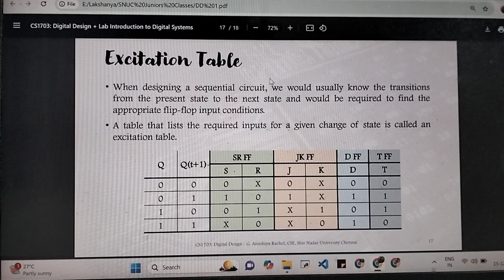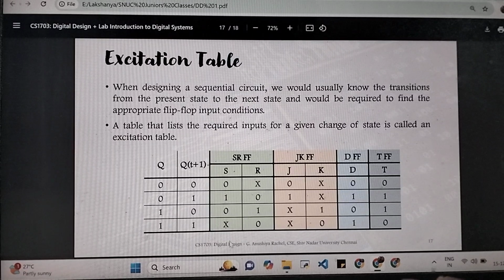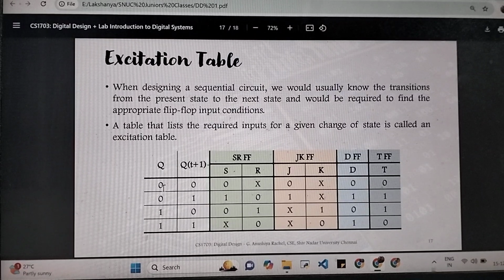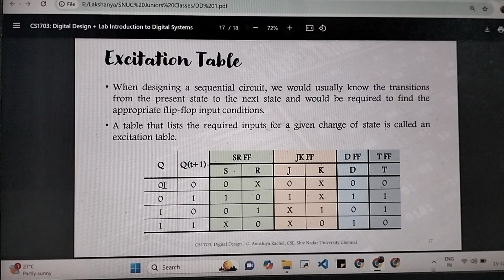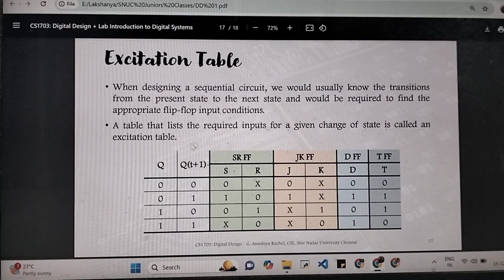So the columns as such are the same, current state, next state and inputs, but what you want to find out is the difference. And this again is also derived from the function table only. So if I am currently in 0 and I want to go to 0, I have to give a 0 input and so on and so forth. So you will notice that this ties in with your characteristic table and with your function table.